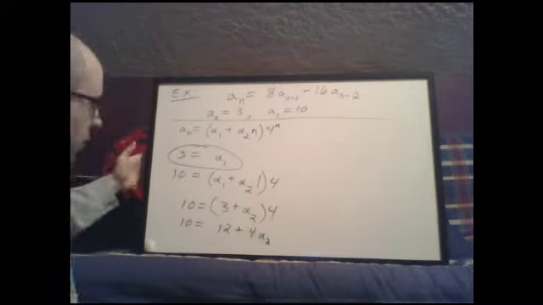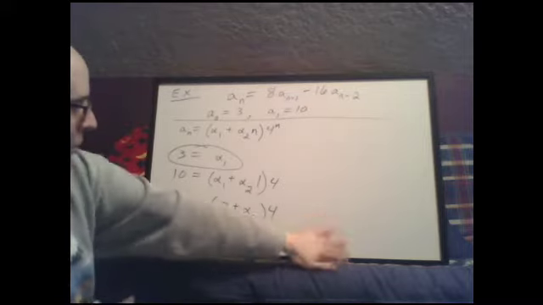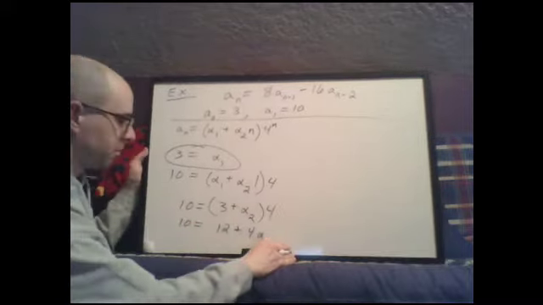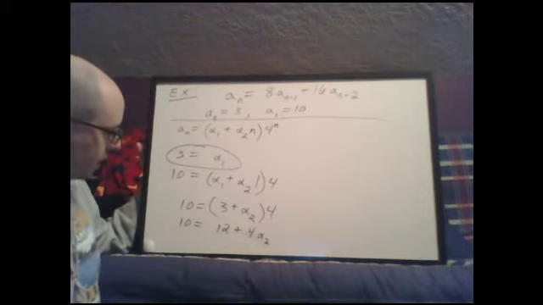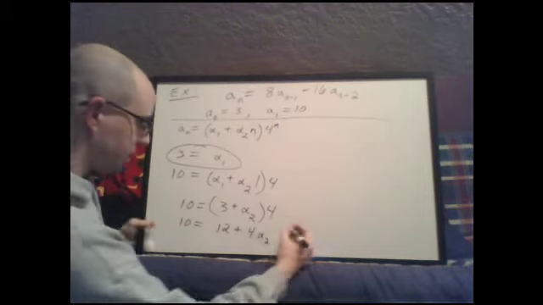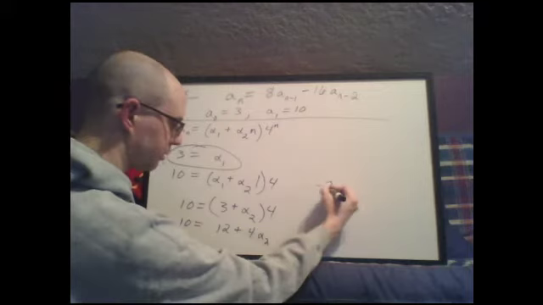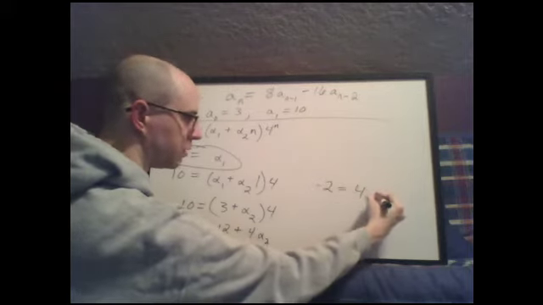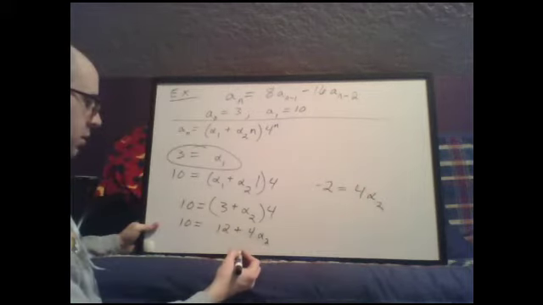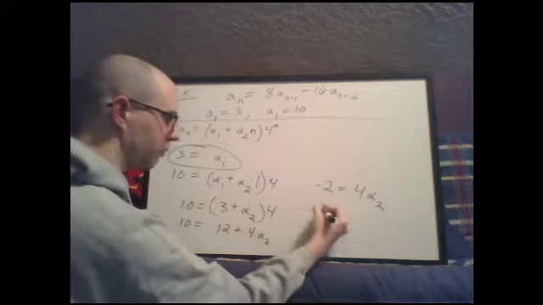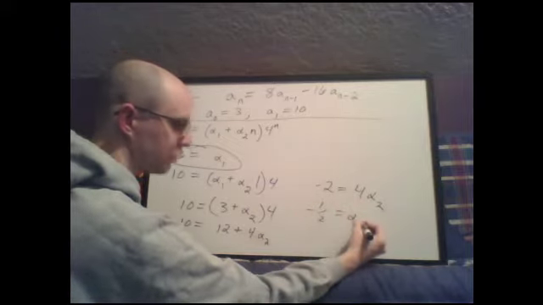If I care enough, I'll erase my mistakes in the editing process. All right, so that tells us what? Negative 2 equals 4 alpha 2. So negative 1/2 is our alpha 2.